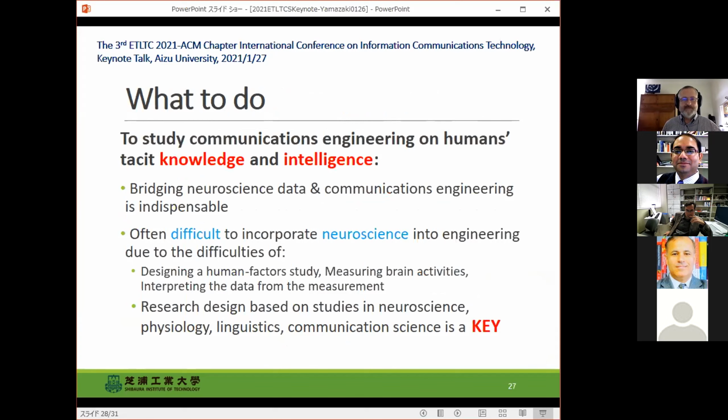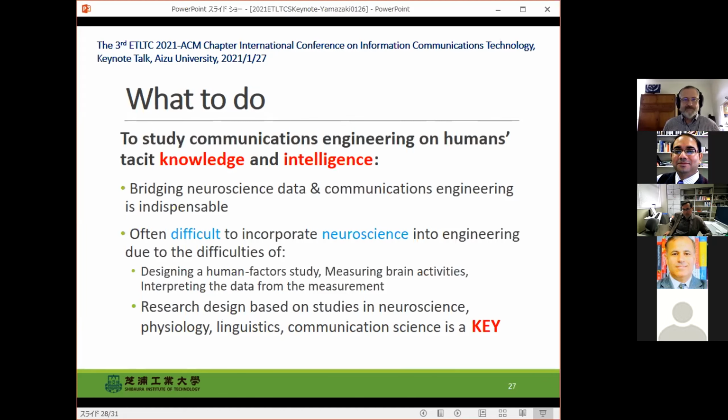So, what to do? Well, we have to bridge neuroscience data and communication engineering, and this is indispensable to create very effective systems in terms of engineering.